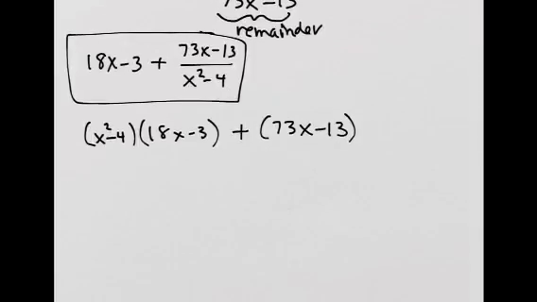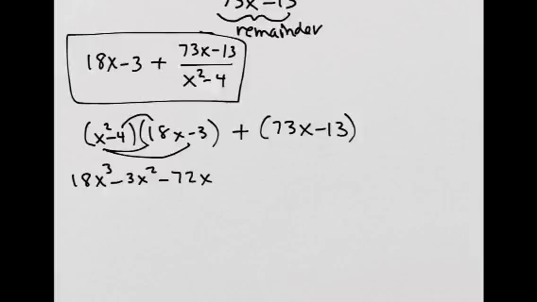So I'll just use distributive property instead of making a grid because it's a 2 by 2. So it's this one times this one, so it's 18x cubed, and then this times this, negative 3x squared. Then this times this, and that's going to give me negative 72x. And then this times this, it's going to give me positive 12.